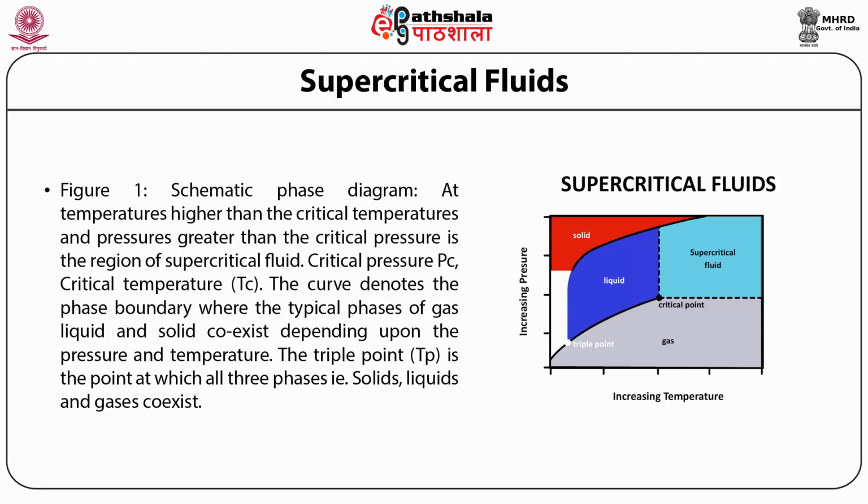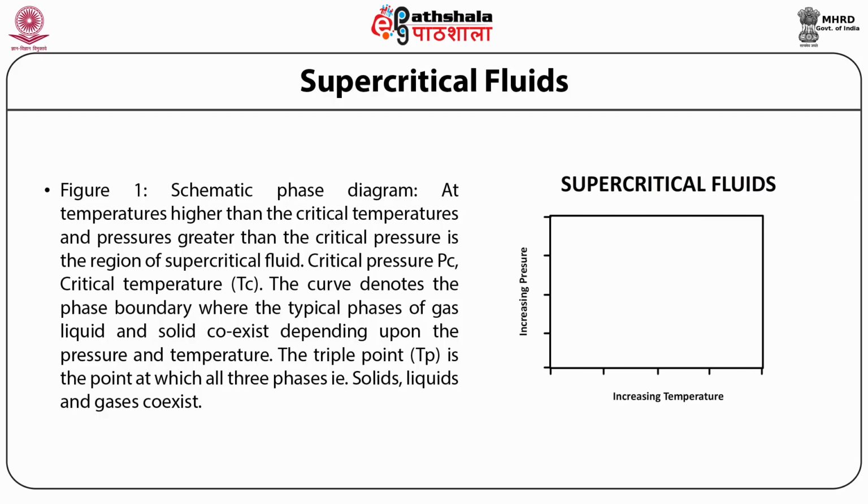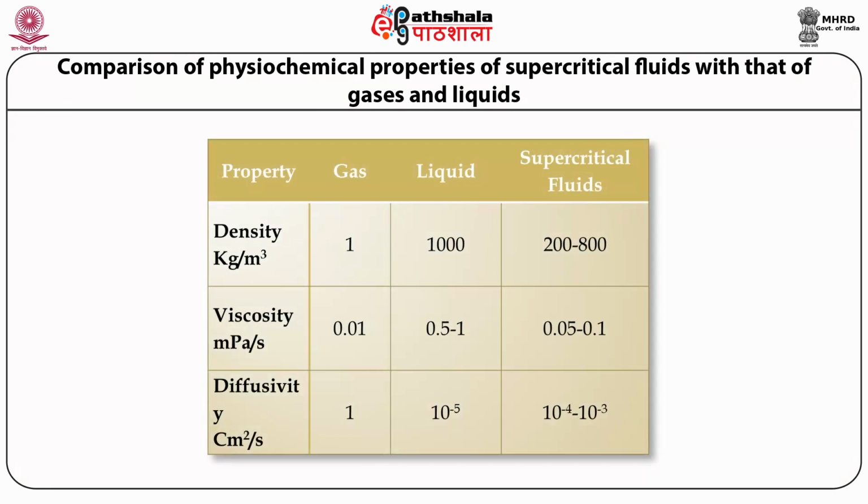Critical pressure is the pressure required to liquefy a gas at its critical temperature. Substances, when subjected to temperature and pressure above the critical point, attain a supercritical state where distinct liquid and gas states do not exist. Table 1 compares the properties of gases, liquids, and supercritical fluids.